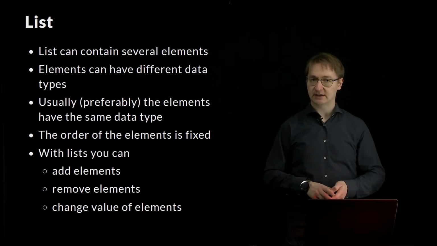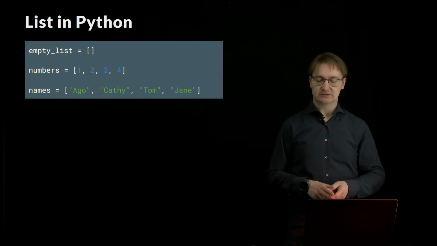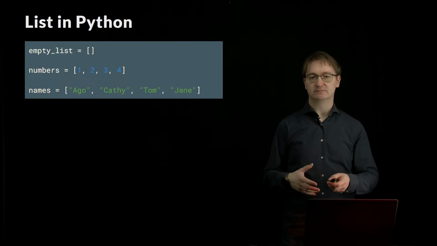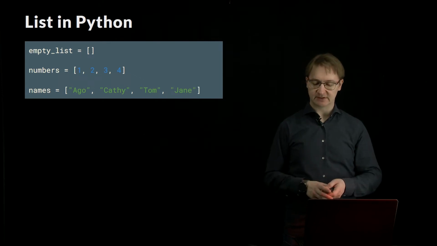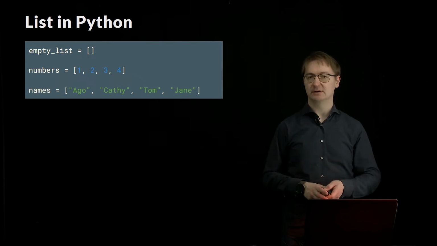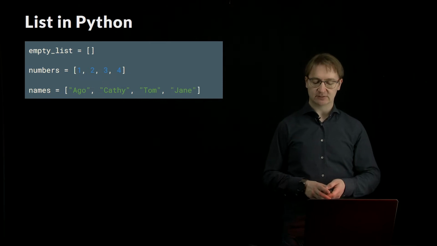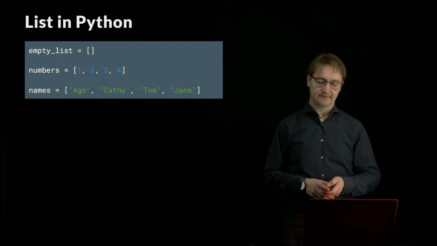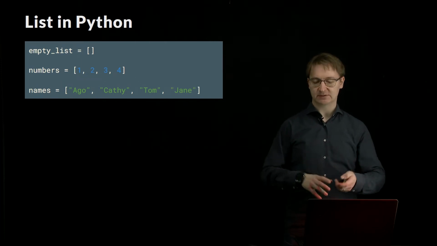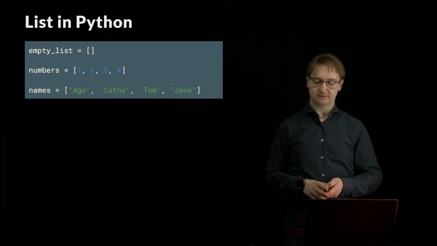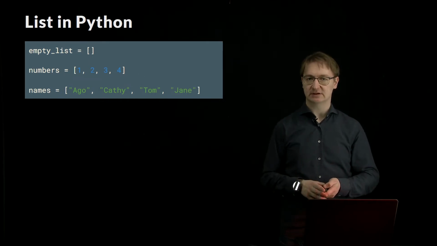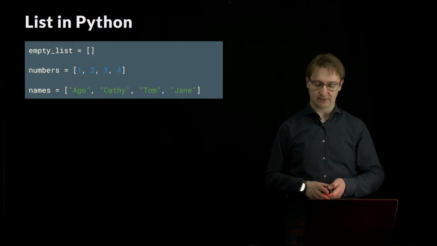Let's see how we can use lists in Python. Here's an example. We'll first create a variable empty_list, which will become an empty list. You can see we write the list with brackets: you start with a bracket and you end with a bracket. If we want to add several elements into the list, we can just separate them by comma.